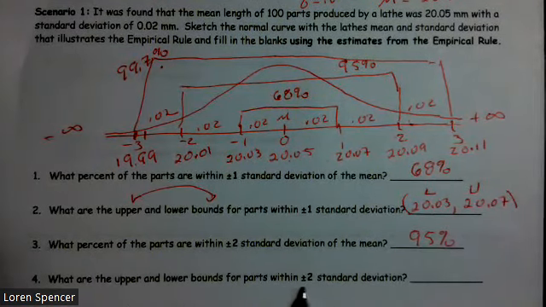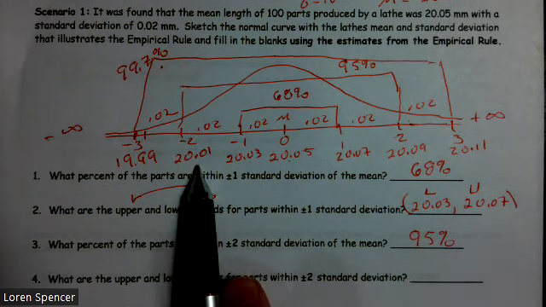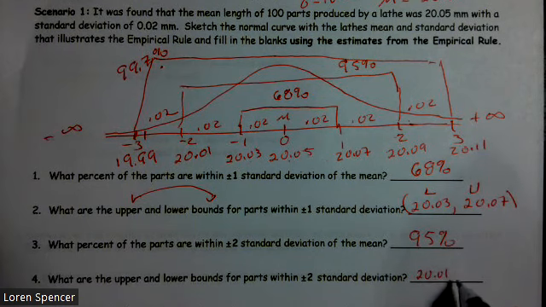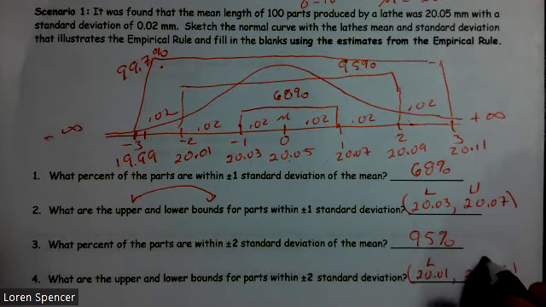So what are the upper and lower bounds for parts within plus or minus 2 standard deviations? Well, plus or minus 2 is 20.01 to 20.09. We label that lower and upper.